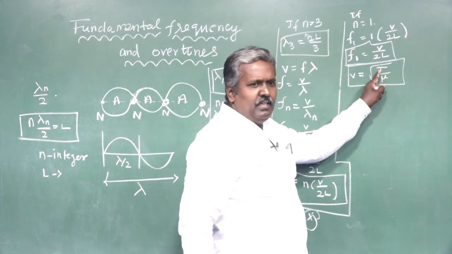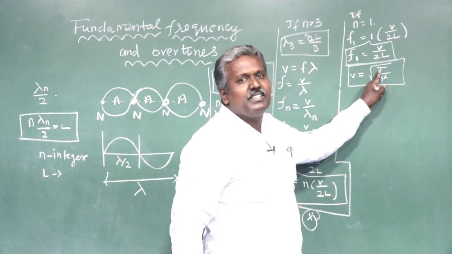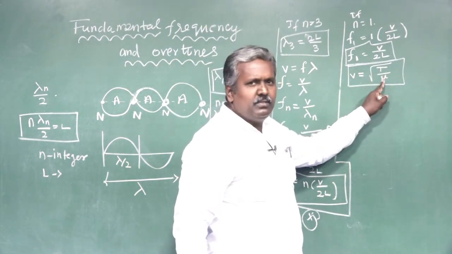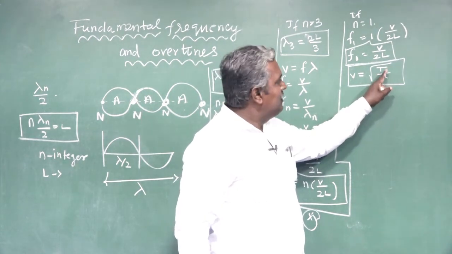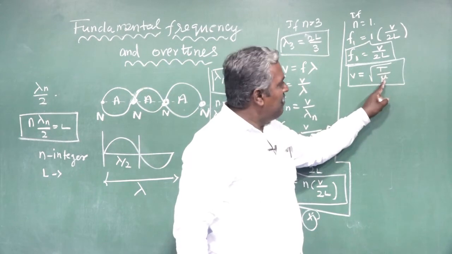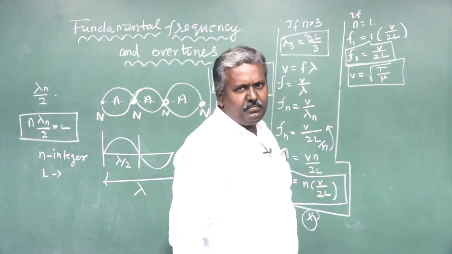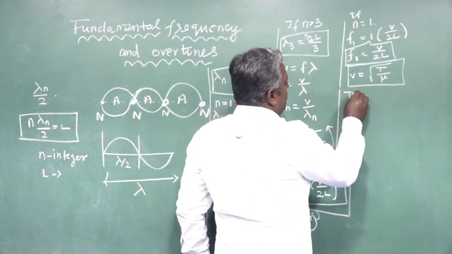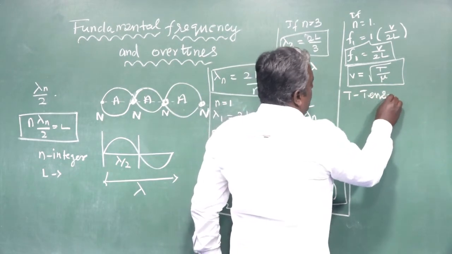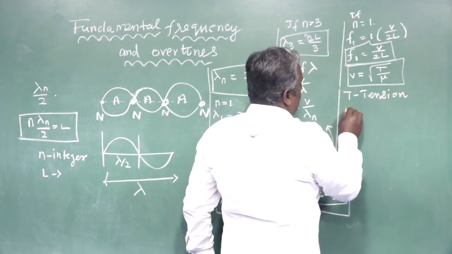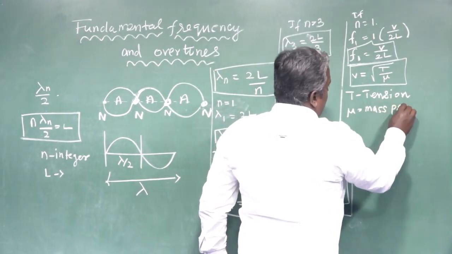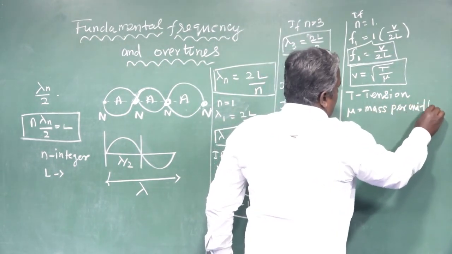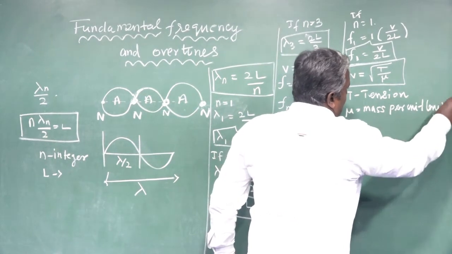What is meant by T? Tension produced in the string. Mu is the mass per unit length of the string. Tension in the string, mass per unit length of the string.